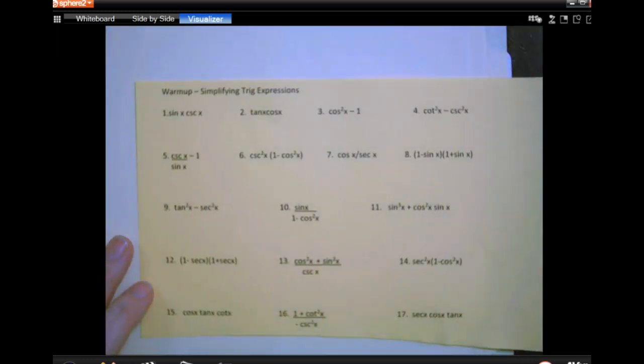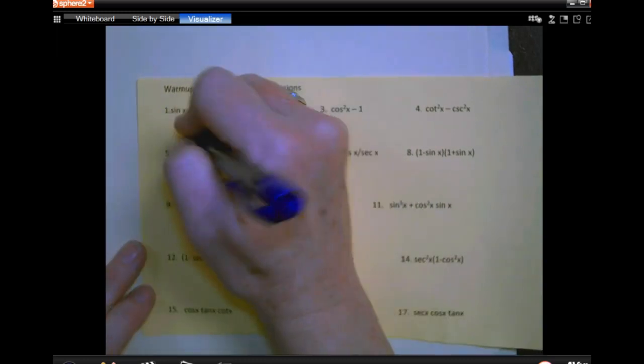Here we go. Number 1. Sine times cosecant. Why? I said why. All right. Okay, so you're not going to have your cheat sheet on the test. Why else is it 1? 1 is the correct answer.